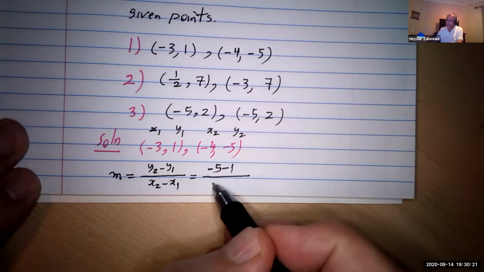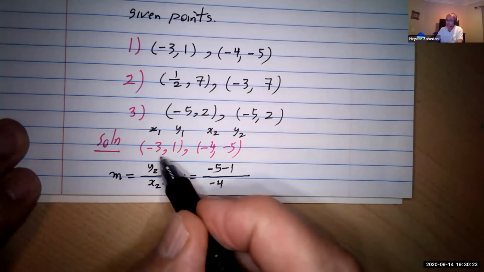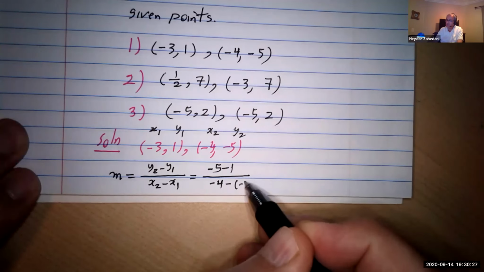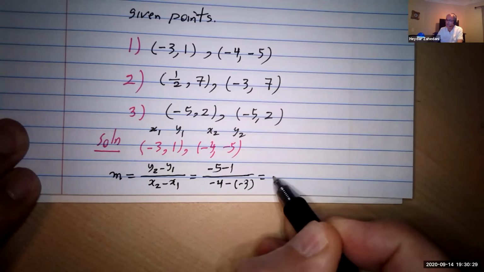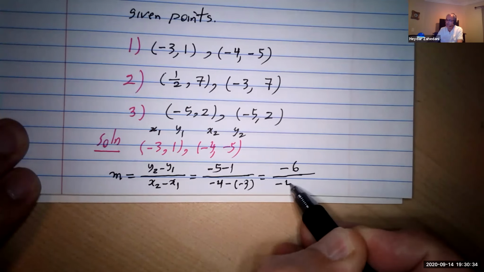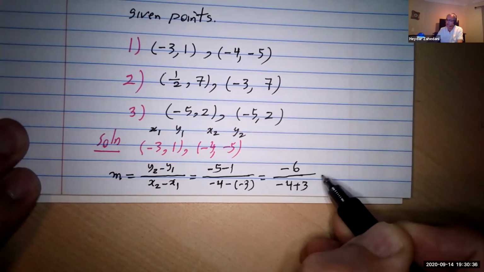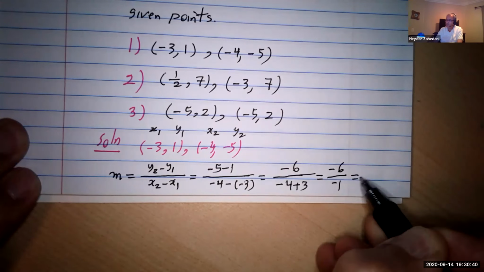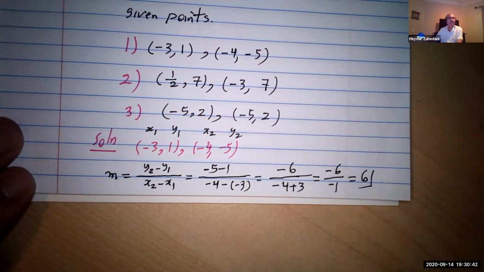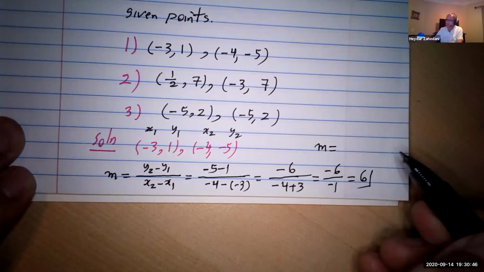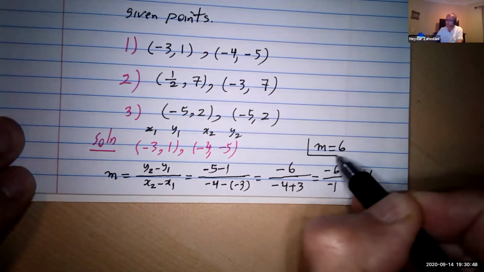x2 is -4 minus x1. We get negative numbers, so make sure you use parentheses, -3. The top would be -6. The bottom is -4 plus 3, which is -1, so we have -6 over -1. The result is 6. So the slope of the line for the first case is 6.